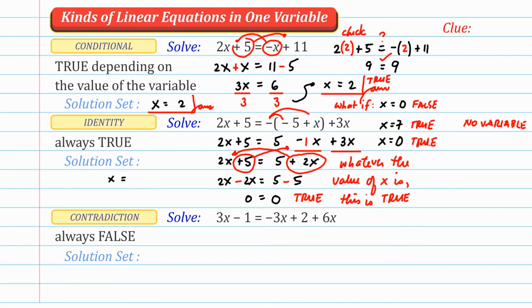Kahit ano pong itry nyo dito, it will always be true. Kasi nga, kahit ano na si X na isinubstitute mo, it won't matter. Makakancel din yan. In the end, it will be a true statement. Kaya, going back to the question, ano ang value ng X that will make the statement true? Kailan siya magiging true?